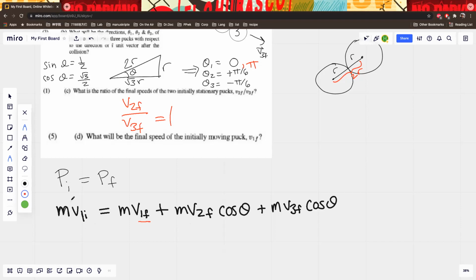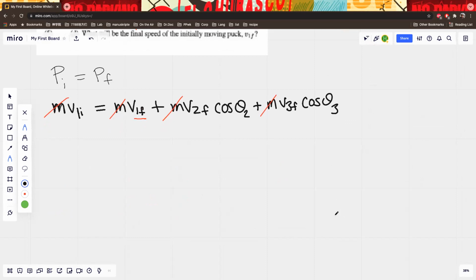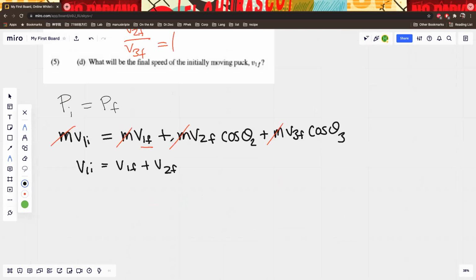Okay. So let's maybe first cancel out all the masses. Yeah, and then let's make this cos theta 2 and cos theta 3. That way we can actually cancel them out, right? So we're going to get V1 initial equals V1 final plus V2F times cos theta.